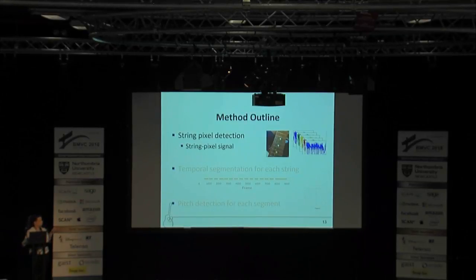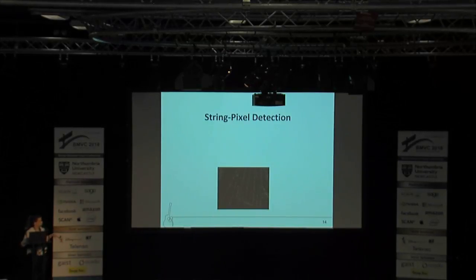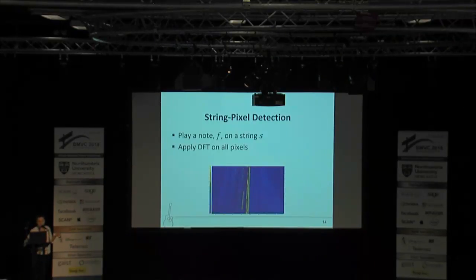So let's first talk about the string pixel detection. As computer vision people, we probably would have taken some edge image and said, well, pixels on edges are probably near a string. But we propose a different approach. Actually, we do some calibration process. We play a specific note on a string, a predefined note F. And then we apply the discrete Fourier transform on each of the pixels in the frame. So we expect pixels that are not near a string to have low energies for the frequency we played, right?